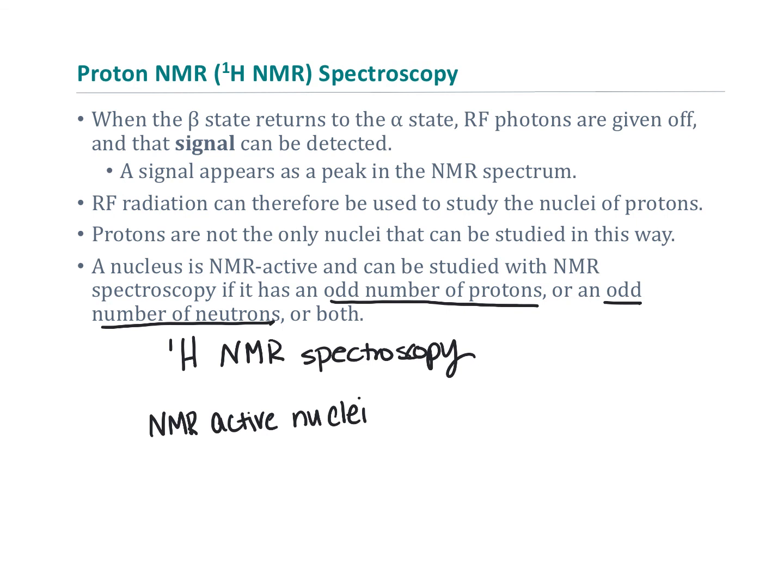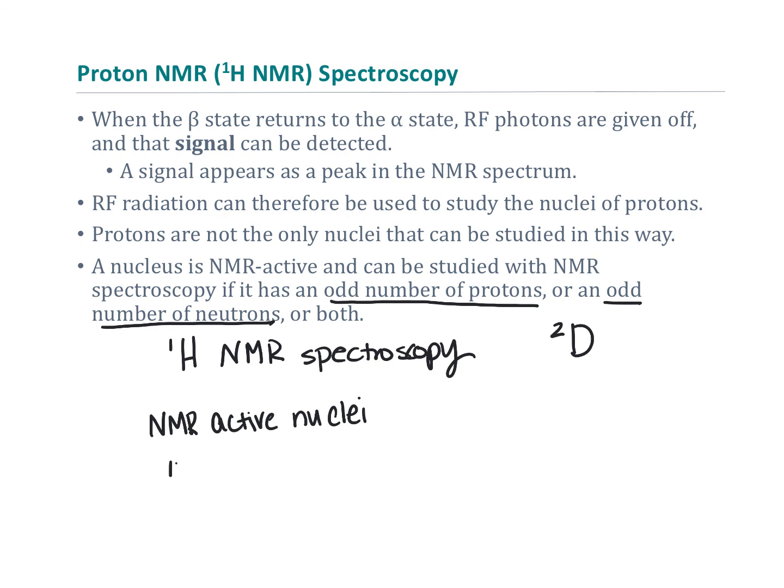This is consistent with the proton being NMR active because its nucleus has just one proton, which is an odd number. Deuterium is also NMR active because its nucleus has one proton and one neutron, and those are both odd numbers. Deuterium, which we briefly mentioned, just gives a signal at a different area.